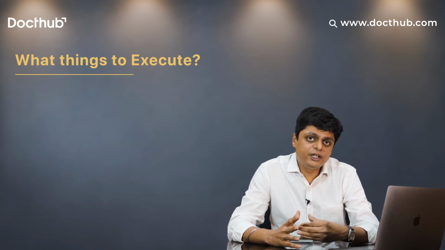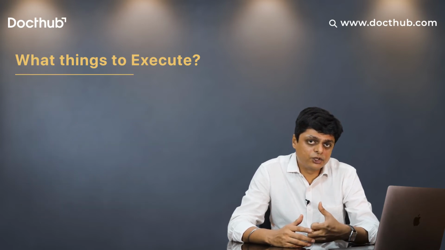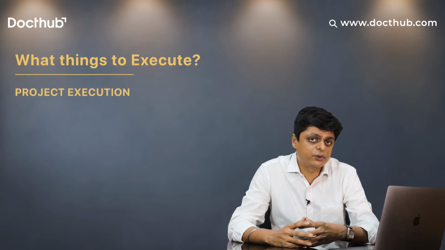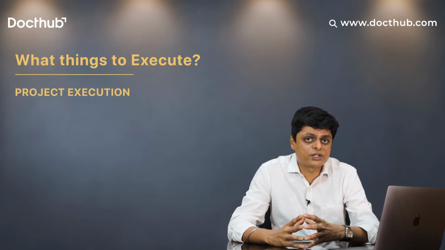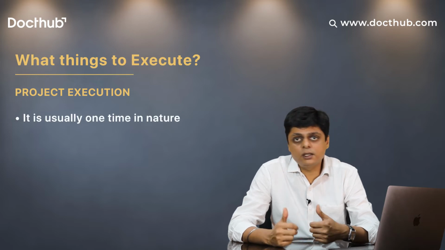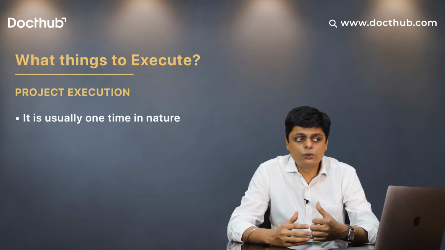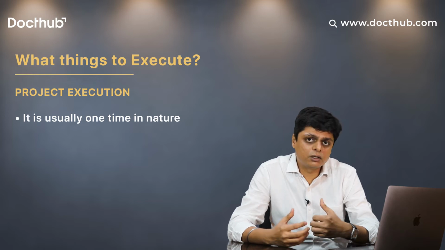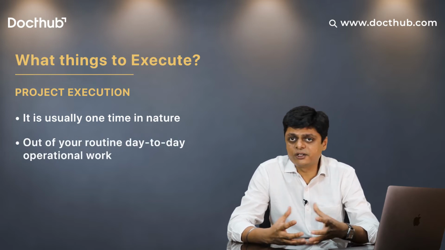Now let's see the second aspect of execution, which is project execution. You come across different project work. Project execution is usually one time in nature. It is not part of your routine day-to-day operational work.